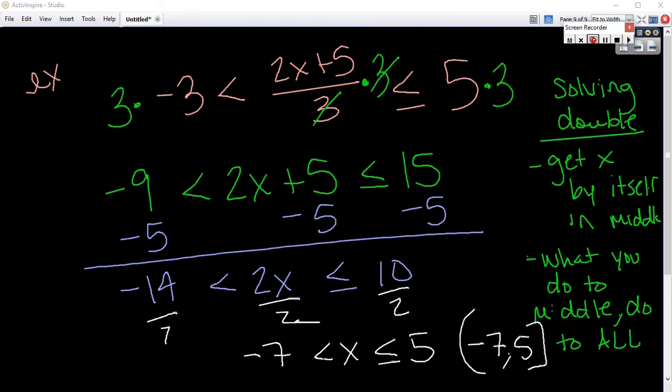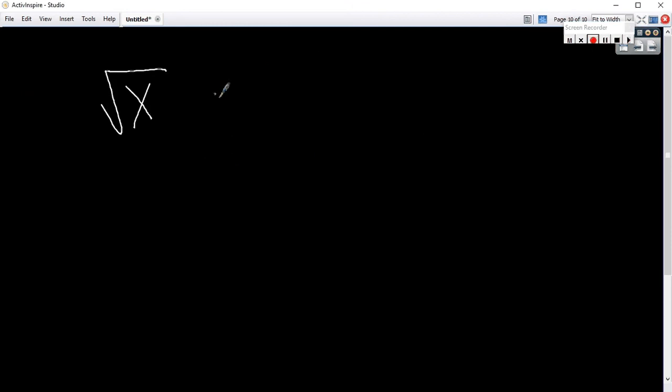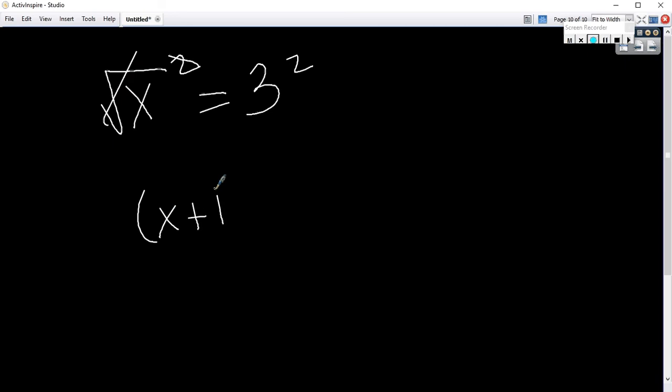Yay. Oh, let me just say this as you're solving and make sure you remember how to do this. How do you get rid of a square root? Second power. Square both sides, that's how you get rid of a square root, right? What does this mean?